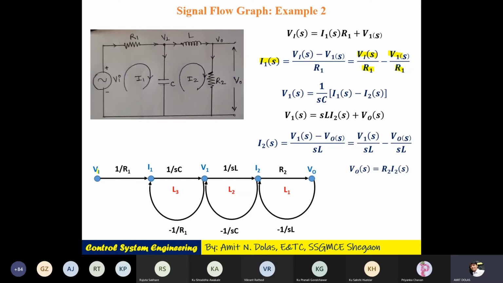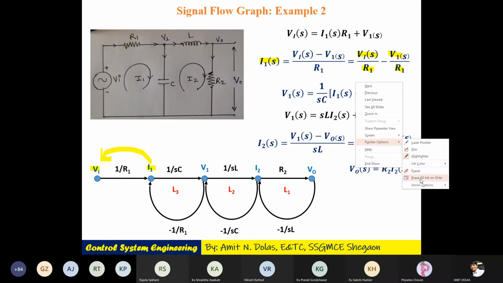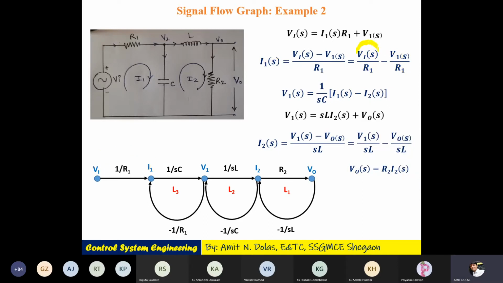So let's see. V1 of S, I1 of S का relation. So I1 of S is related to Vi of S by 1 by R1. You please see this one.